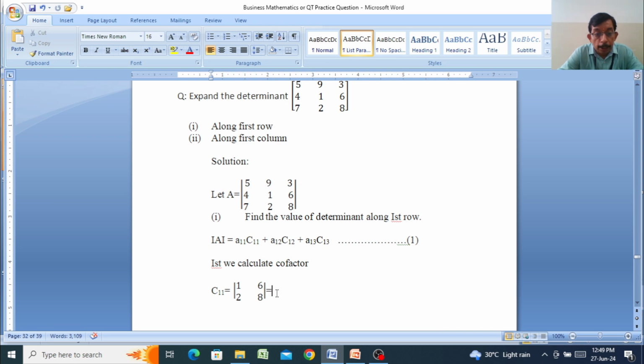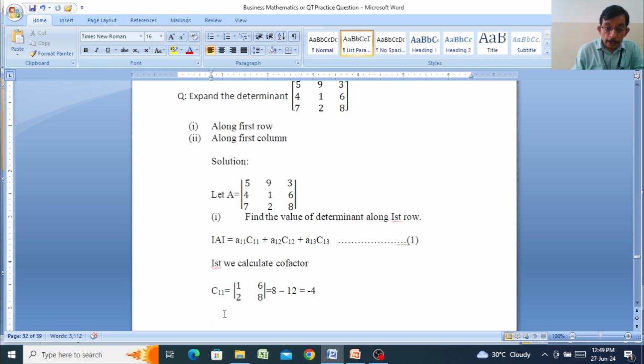The first diagonal elements, 1 and 8, multiplied is 8, minus the second diagonal elements, 6 and 2, is 12. The value is 8 minus 12, which is minus 4. The sum of the order is an even number, so there is no change in the sign of the minor.